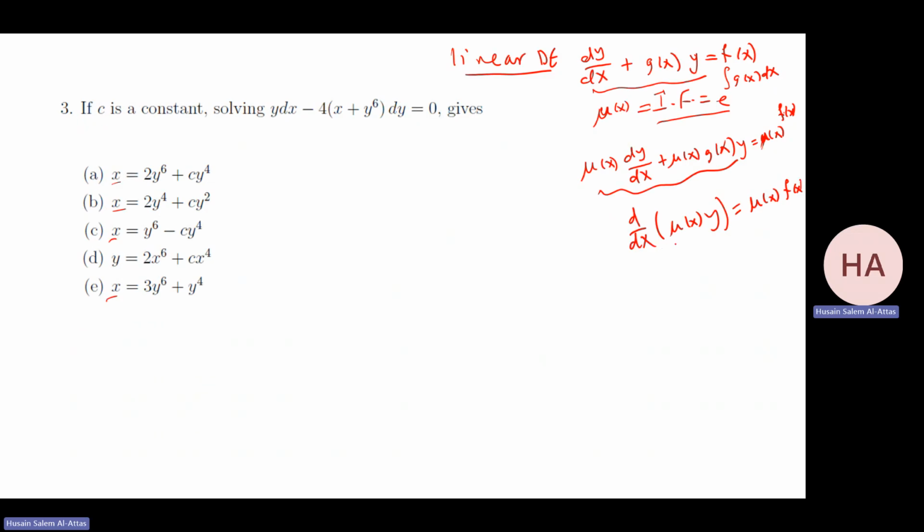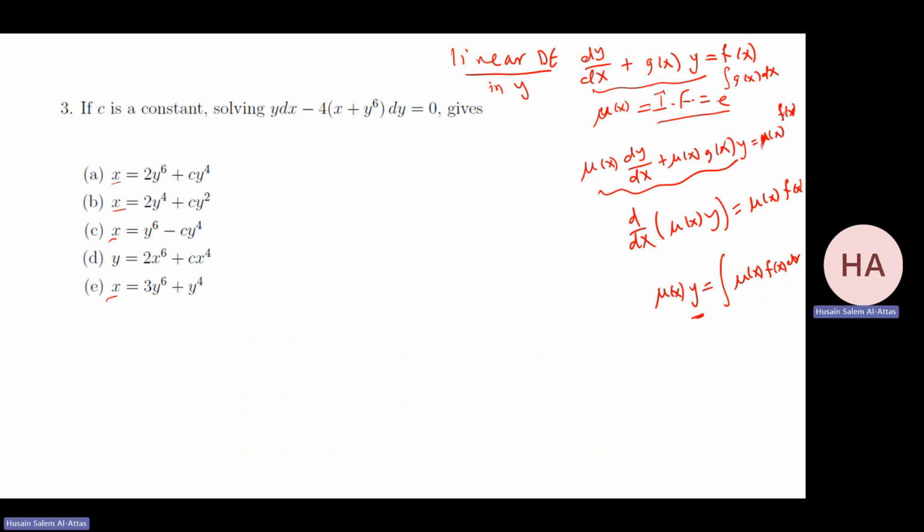So now integrate, you'll get mu of x y equal the integral of that, and then solve for y. Yeah, this is the linear differential equation, linear with respect to y, linear in y. This is a little bit different. This is linear in x.